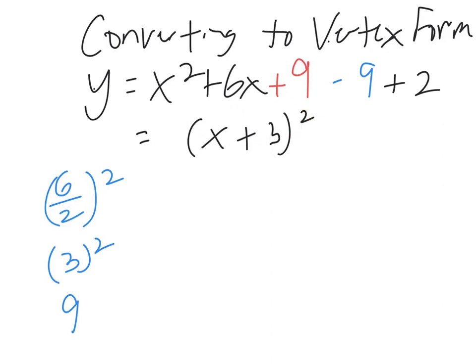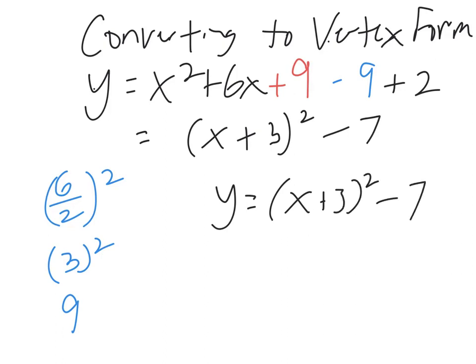And what I end up with left over as part of the k is this minus 9 plus 2, which is negative 7. So when I put this into vertex form, I have y equals x plus 3 all squared minus 7.